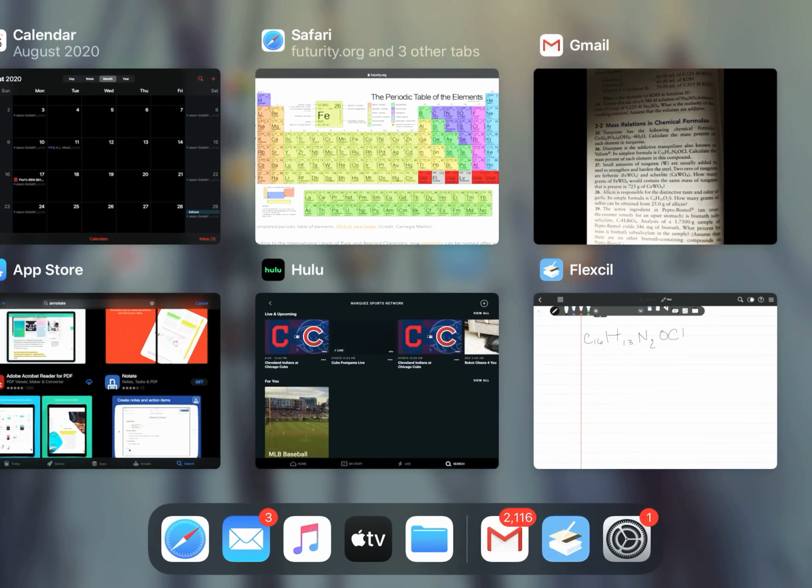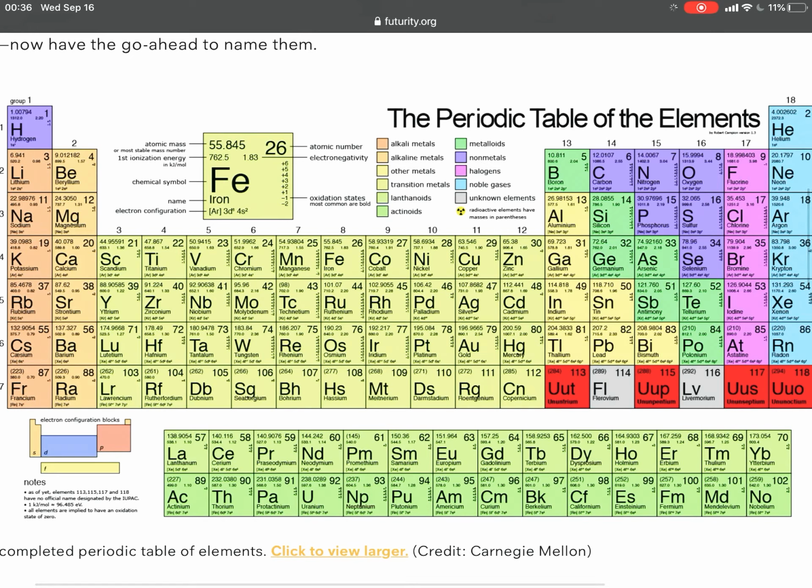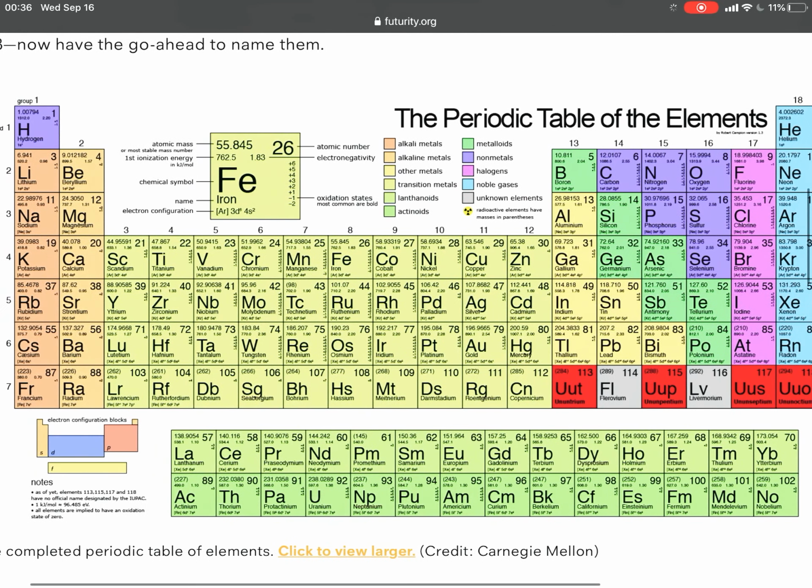We look at our periodic table and see that C has a molar mass of 12.01, at the top right there.